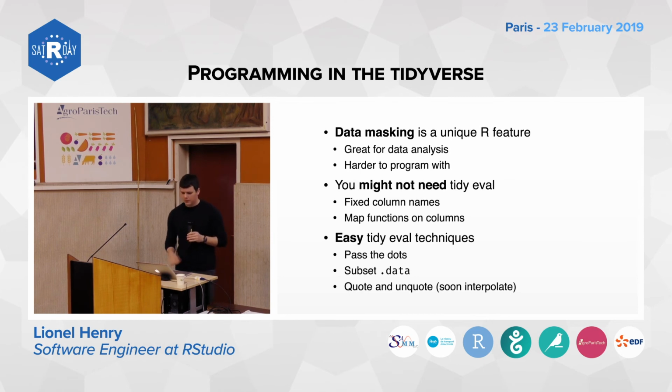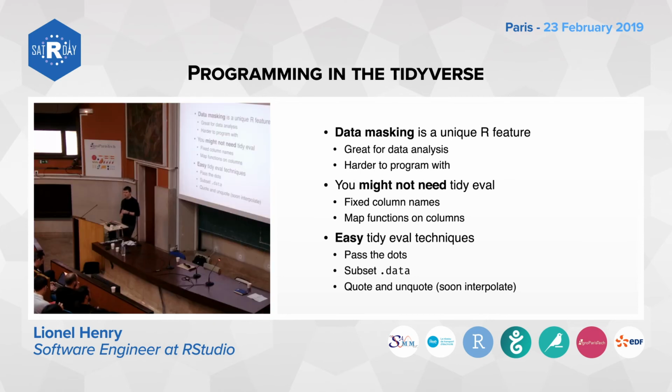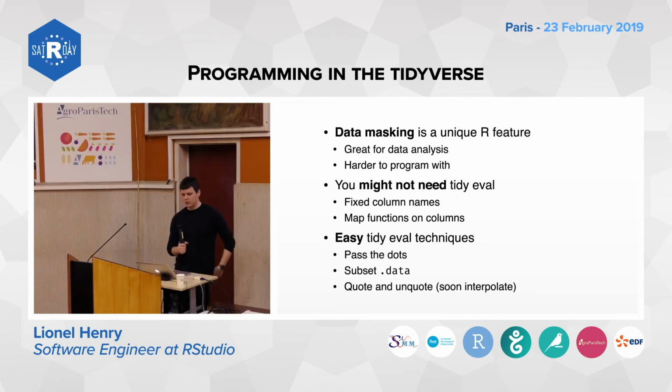So data masking is a unique R feature, we think. It's great for data analysis because it allows you to think about your data more directly as you're manipulating it. But it does make it harder to program with. But the takeaway from this talk is that you might not need tidyeval because there are different techniques that you can apply to reuse code. You can use fixed column names.